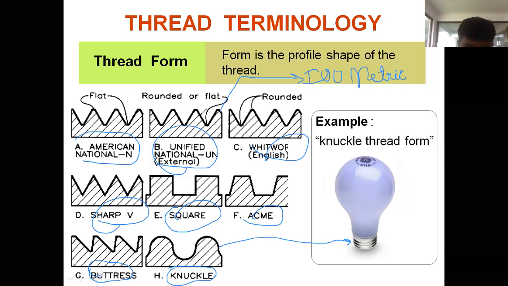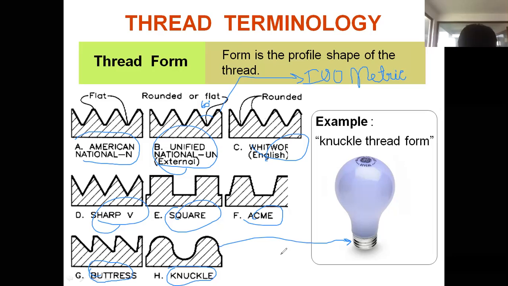Okay, the angle here is 60°. Thread angle is 60° over here. So all these things are going to be given to you, all the 10 things.